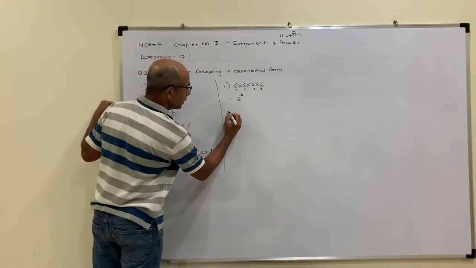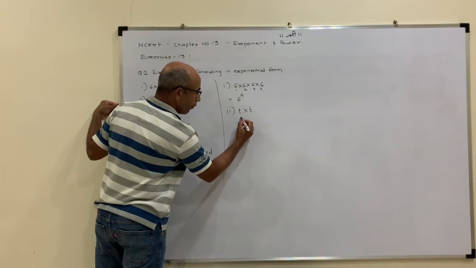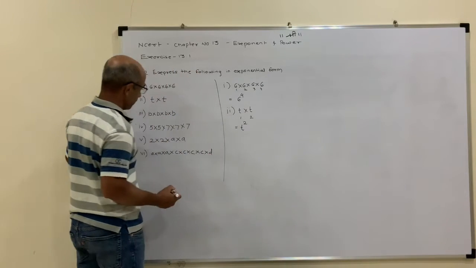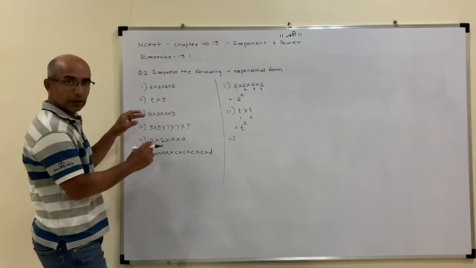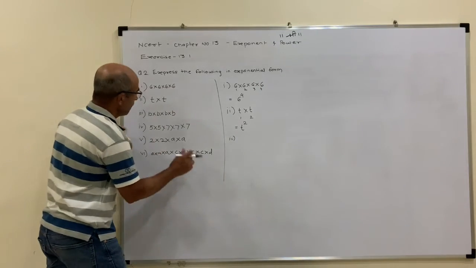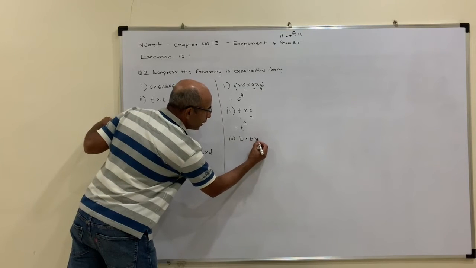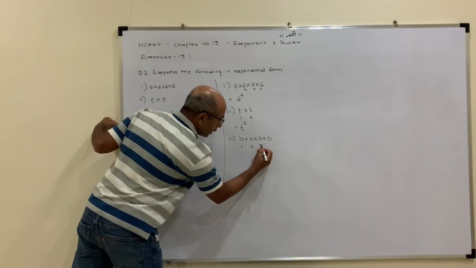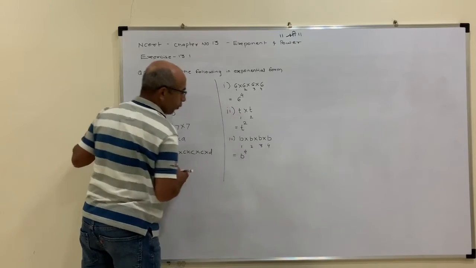Now let's consider the second one. T into T, 1, 2, T square. Now the third one. Since this is not taking too much space, I am solving one after another. B multiplied by B into B into B into B. So 1, 2, 3, 4 comes out to be B raised to the power 4.